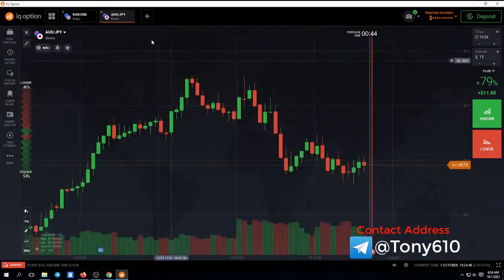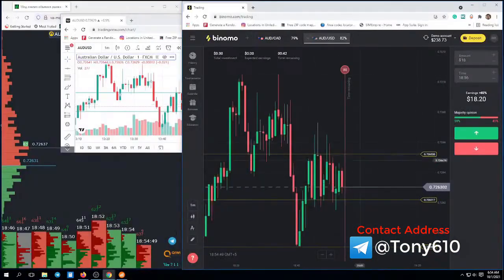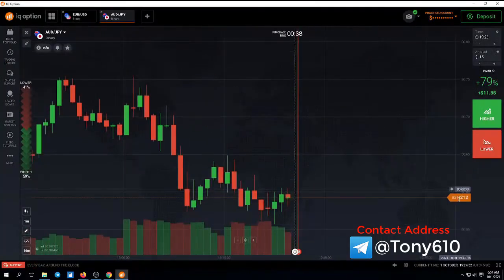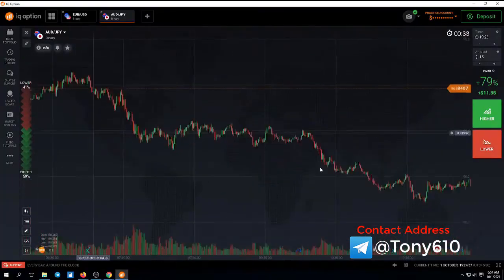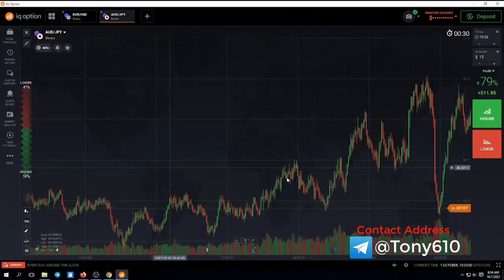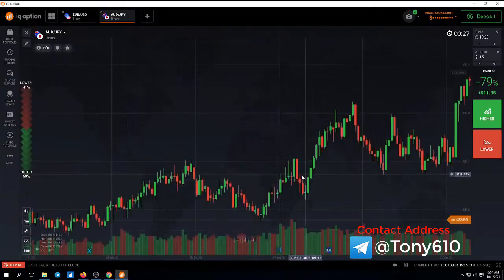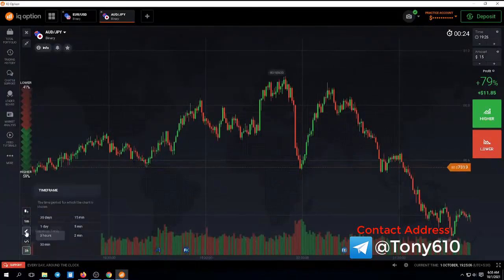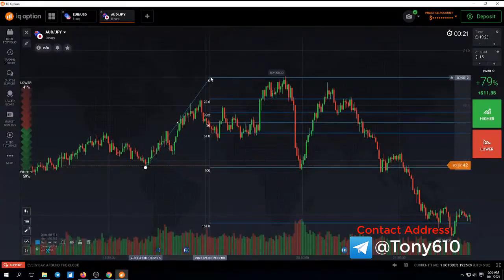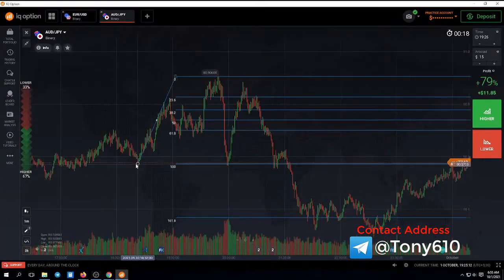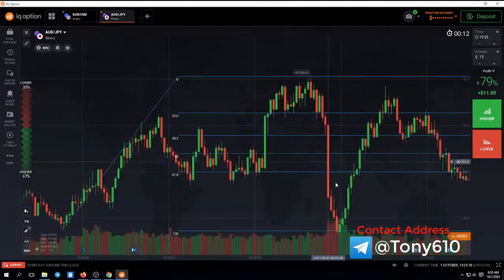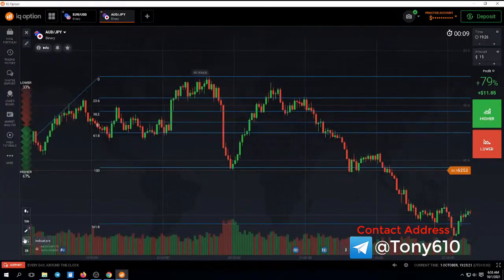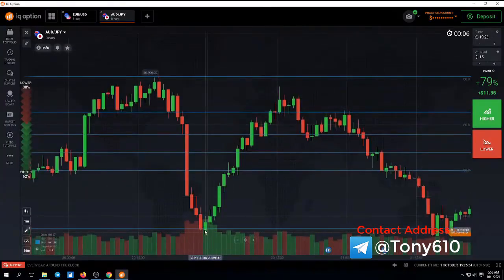You can see the AUD JPY market. Here you can see the price bar. You have to go to the first market. Here, this is a good market. You can draw the Fibonacci tools from the support level to the resistance level, then draw the levels near the support and resistance levels.